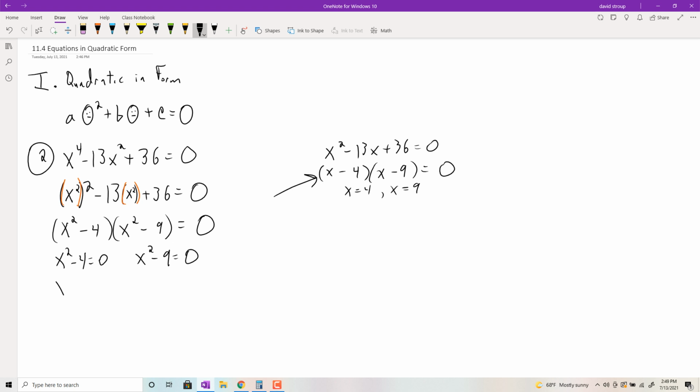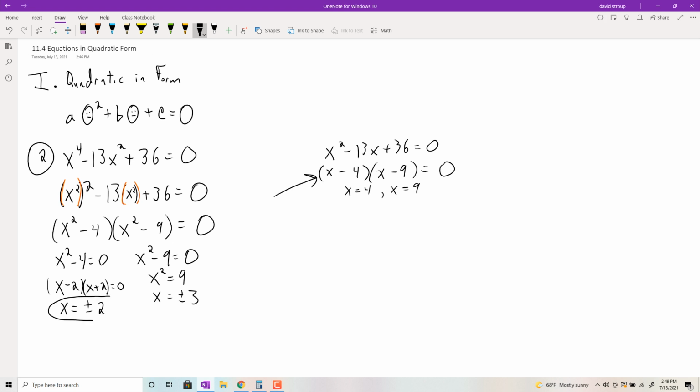So this one, you could use the square root property. You could factor it again if you want, which is x minus 2, x plus 2. So here x equals plus or minus 2. And then over here, let's just use the square root property. It's quicker. x equals plus or minus 3.